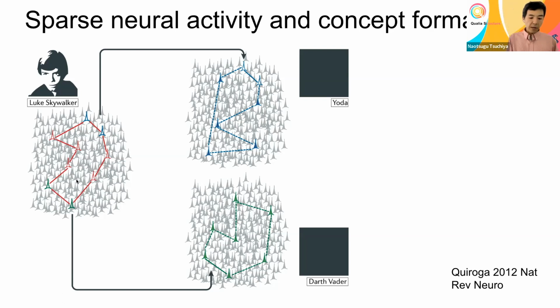So, for example, this is also called the problem of the grandmother neuron hypothesis.